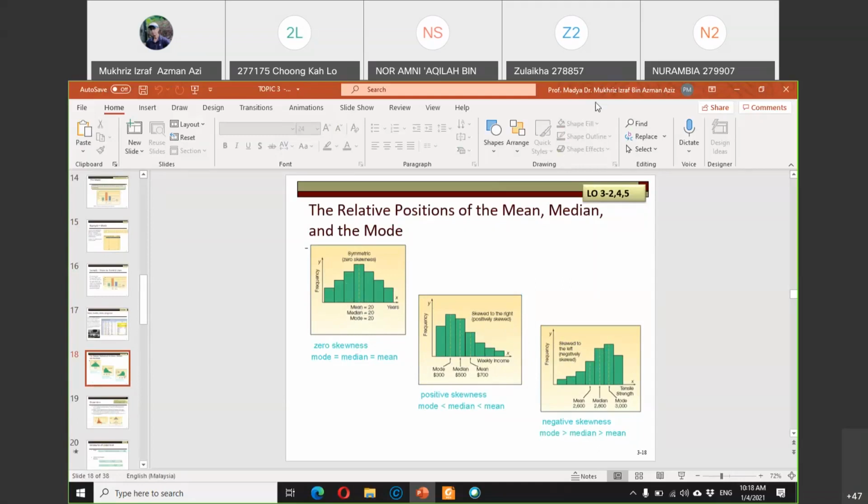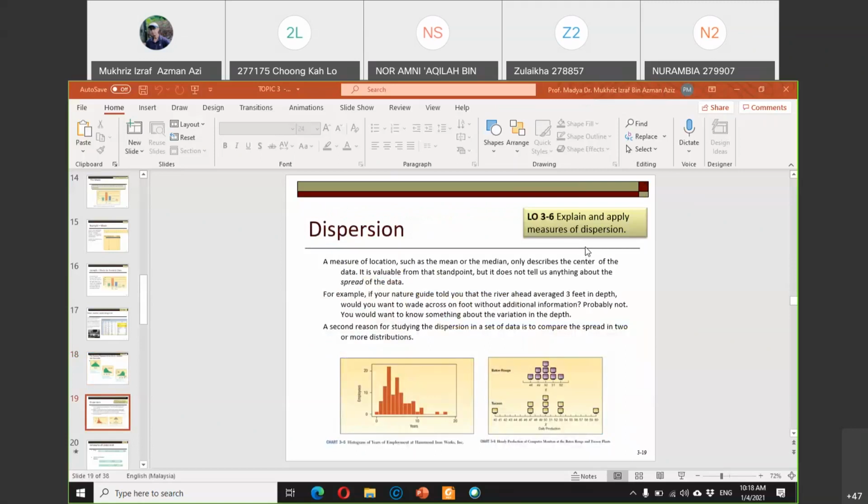I also mentioned that this is known as the normal distribution, a concept we will look at very closely in the upcoming topics.